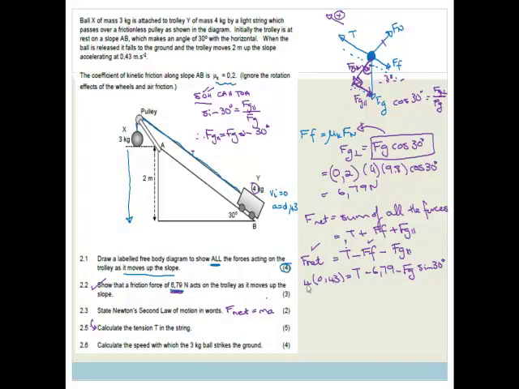So we can pop this in a calculator, we can just multiply it in our heads. 4 times 0.43 is 1,72, plus 6,79, I'm just taking that across, equals T minus Fg. Now, we know the mass is 4, we know that gravity is 9,8, and then it's just sine 30 degrees. So if we add this up, that becomes 8,51 plus, so now we just have to put this in a calculator, so let's do that.